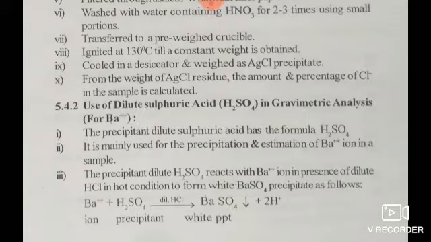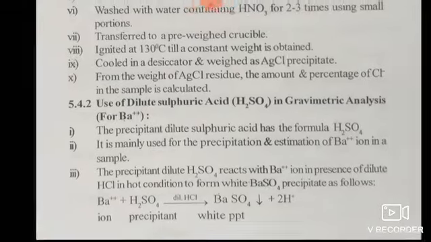The dilute H2SO4 reacts with the barium ion in the presence of dilute HCl in hot condition to form a white BaSO4 precipitate. The reaction is Ba++ plus H2SO4 gives, in the presence of dilute HCl in hot condition, barium sulfate white precipitate plus 2H+ ions.